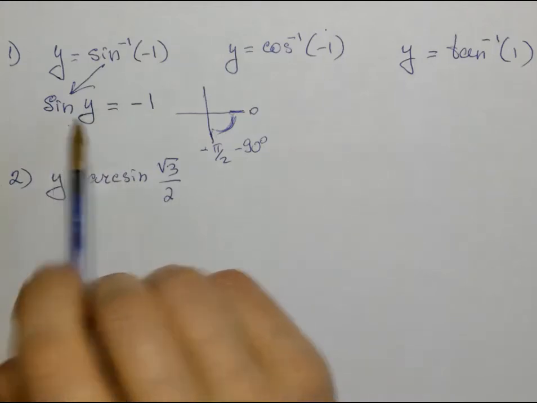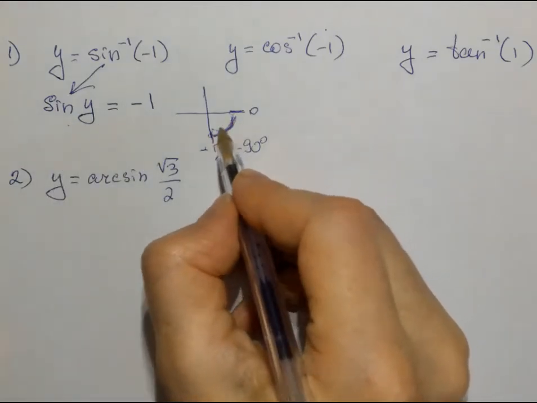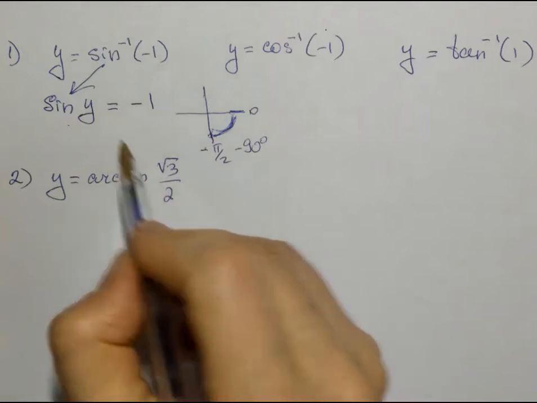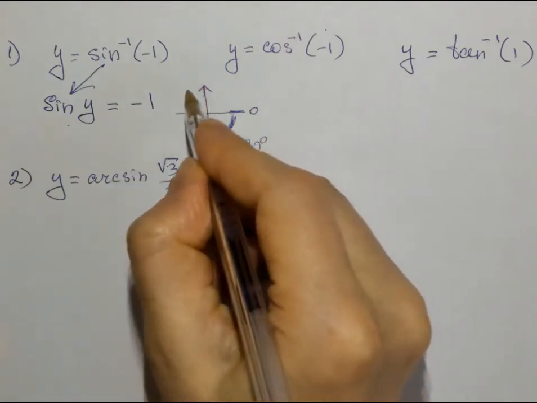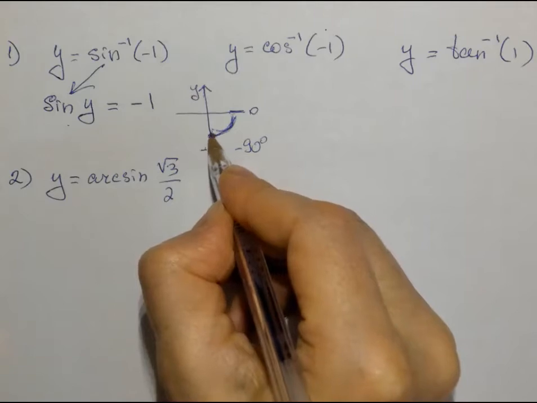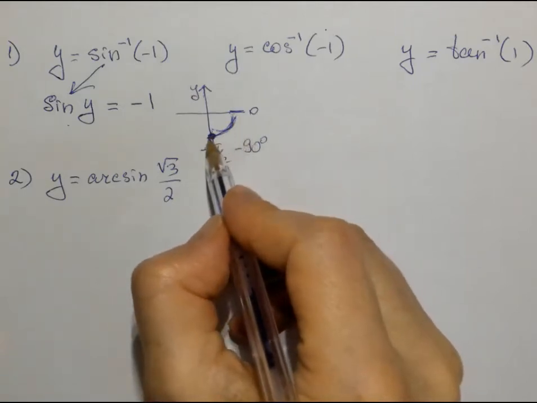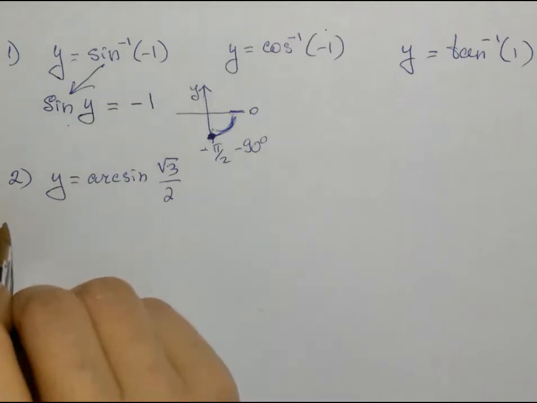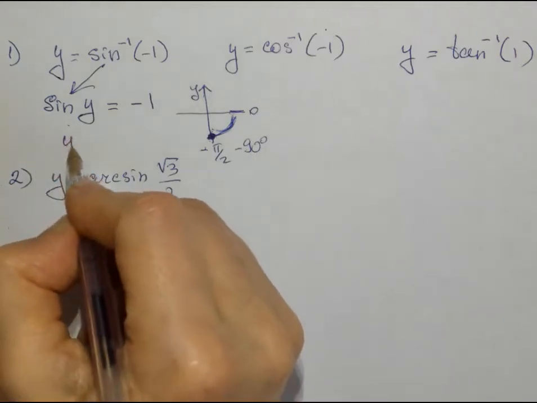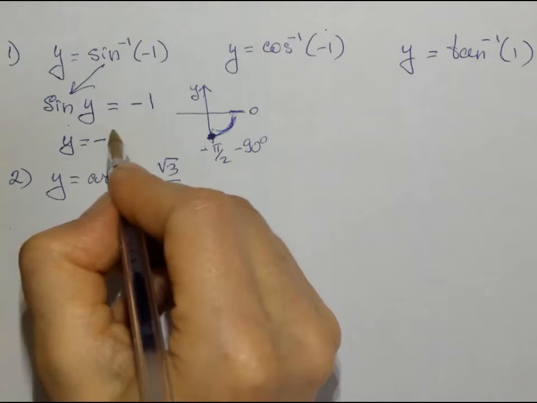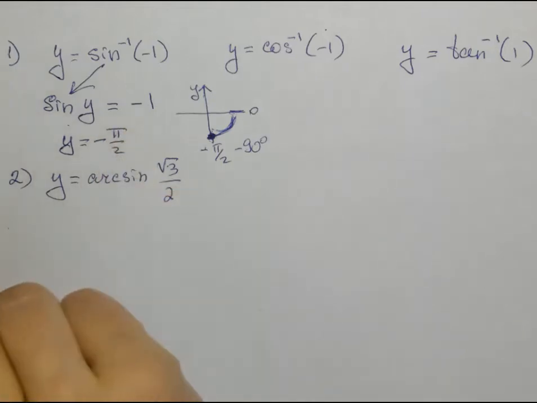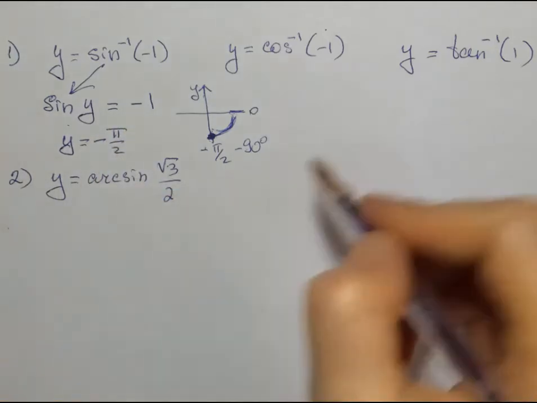So sine is the y-coordinate on the unit circle, and the y-coordinate is equal to -1 at this point, and it is the -π/2 or -90 degrees. So y must be equal to -π/2 or -90 degrees.